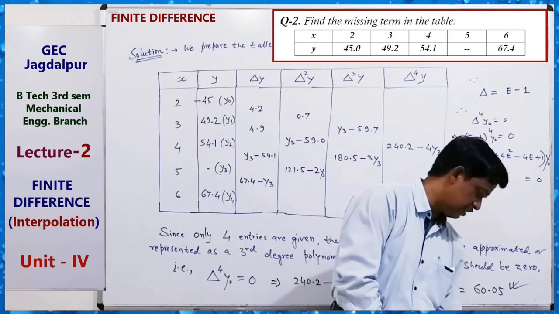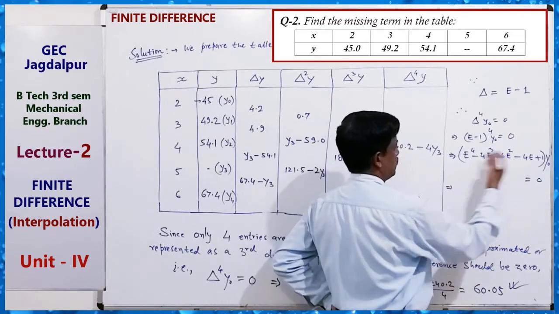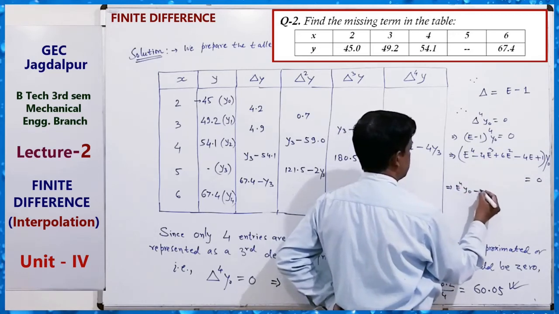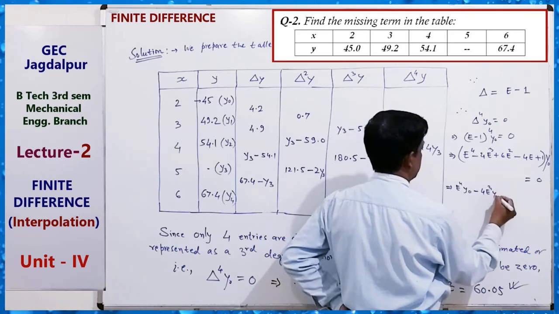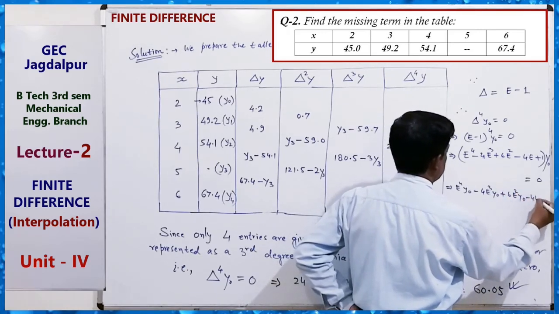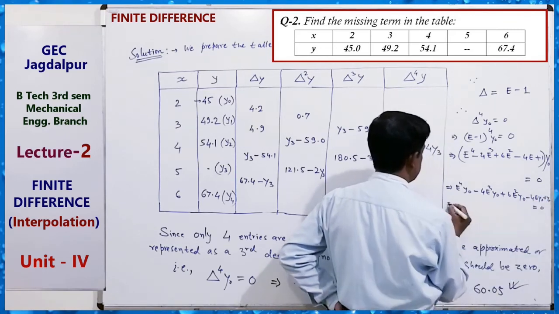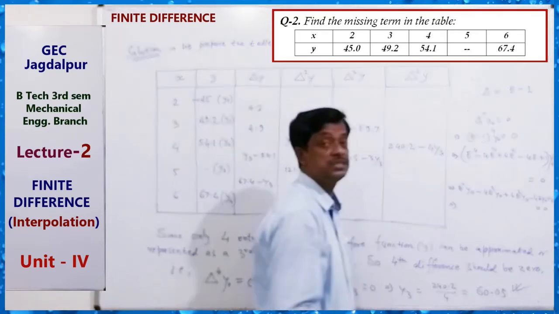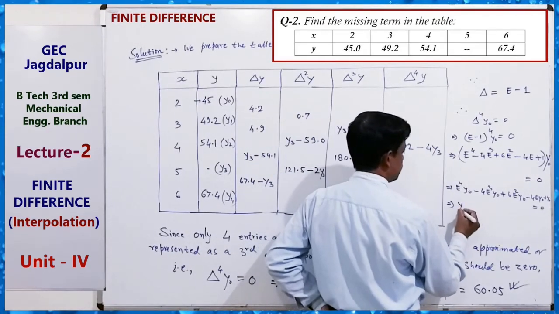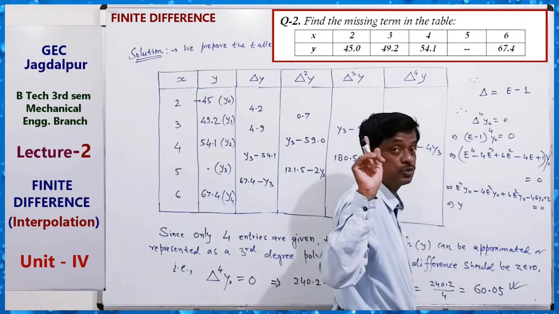Plus 1 is there, right? Now just apply this operator on y0: E to the power 4 y0 minus 4E cubed y0 plus 6E squared y0 minus 4E y0 plus y0 equals 0. Here we know the shifting property of E, and the interval of differencing h equals 1.